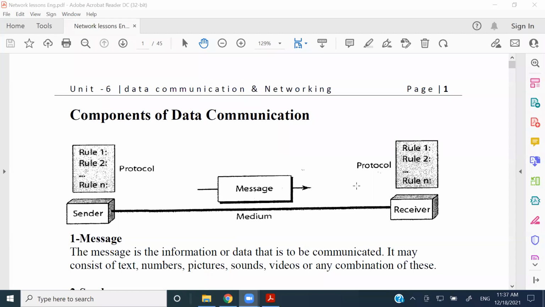Okay, so the sixth lesson is about data communication and networking, right? Here we are going to talk about how a particular network is arranged and what is to be learned regarding the data communication part. In the first part of the lesson, we are talking about data communication.